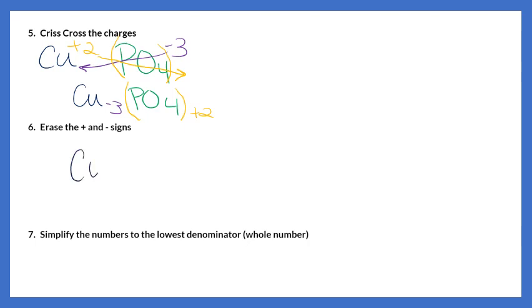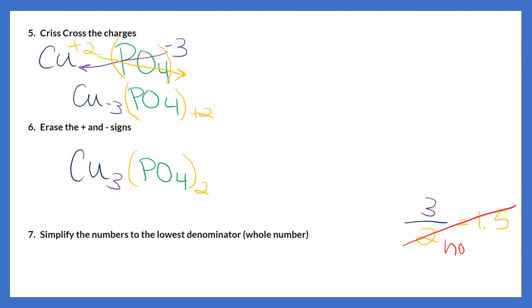So this becomes Cu3 PO4. Okay, and then simplify the numbers to the lowest denominator. Well, 3 divided by 2 equals 1.5, so that is not a whole number.